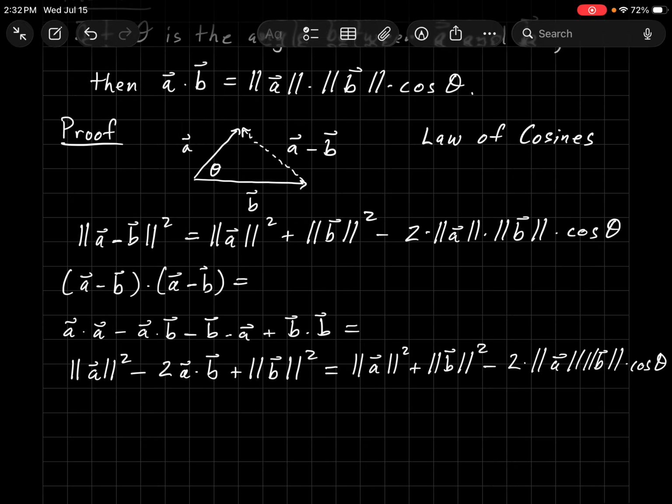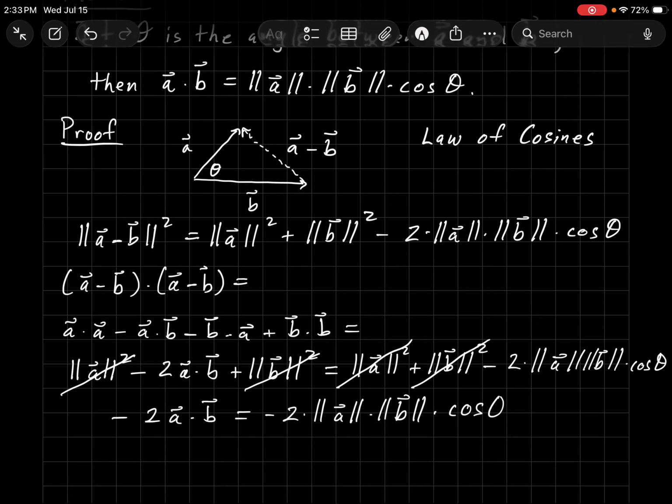Now, magnitudes are numbers. So I have magnitude of A squared on both sides of the equation, so I can subtract them off or cancel them. And then we have magnitude of B squared on both sides, so I can cancel them, leaving us with negative 2 times A dot B equals negative 2 times the magnitude of A times the magnitude of B times the cosine of theta.